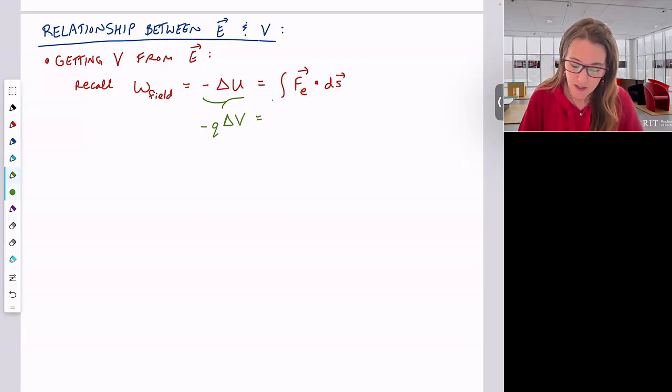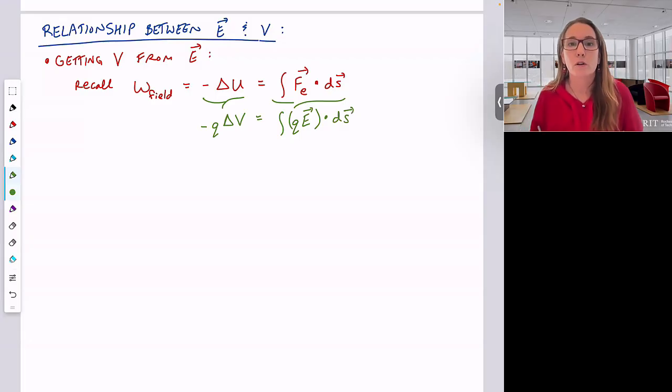And then this side can be written as QE, force is QE, that same test charge, dot ds, because the electric potential, remember, was electric potential energy per charge, and the field was the electric force per charge. So in both cases, we have that Q that could show up.